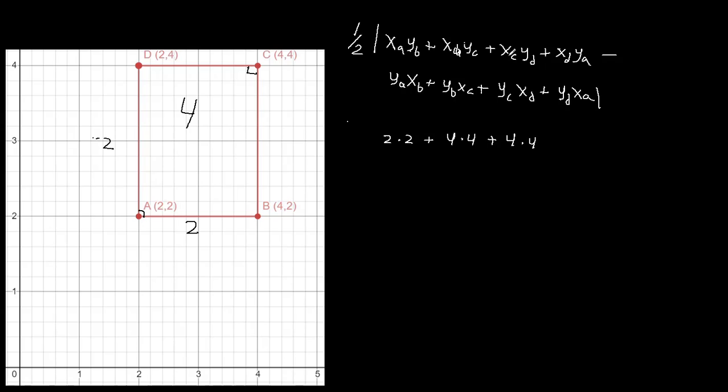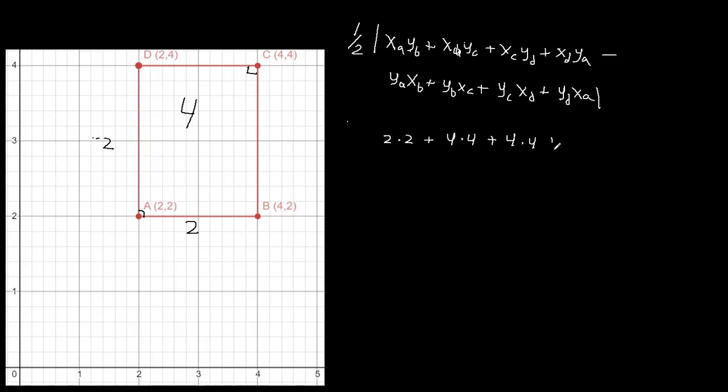And again, I'm just finding the letter I need to go to for the point and then pulling up the coordinates. So this 4 is coming from the x coordinate of the c point, and this 4 is coming from the y coordinate of the d point.